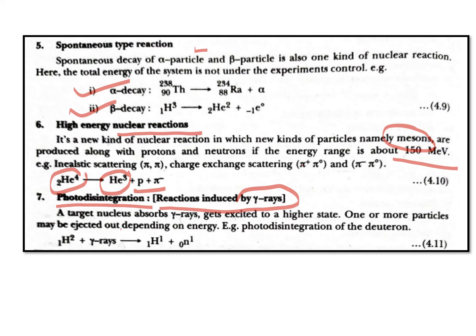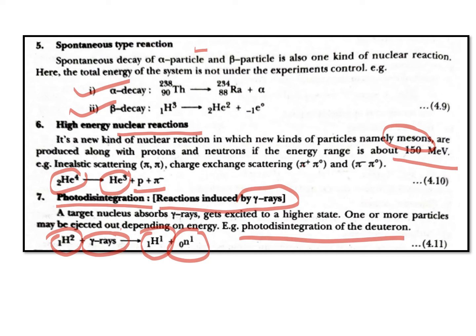When gamma is bombarded on the deuterium, due to the absorption of gamma, it splits the deuterium into proton plus neutron. One proton plus one neutron is produced. This reaction is called the photodisintegration of the deuterium.